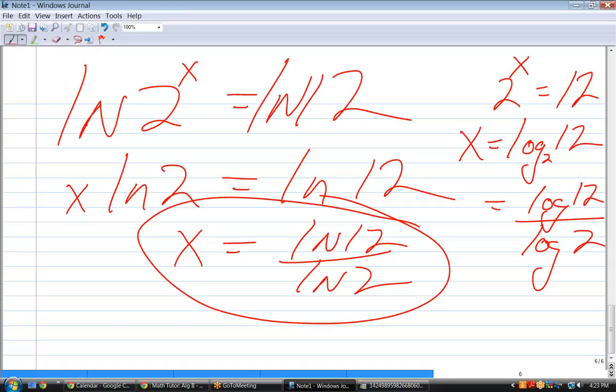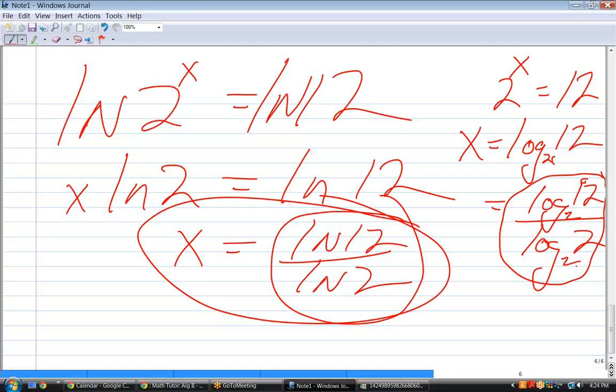Now, what's interesting about this problem is that this ratio right here is the same as this ratio, even though this is common log and this is natural log. Their ratios are always the same. In fact, log base 2 would be the same. I could put log base 2 in there, and those are the same things.